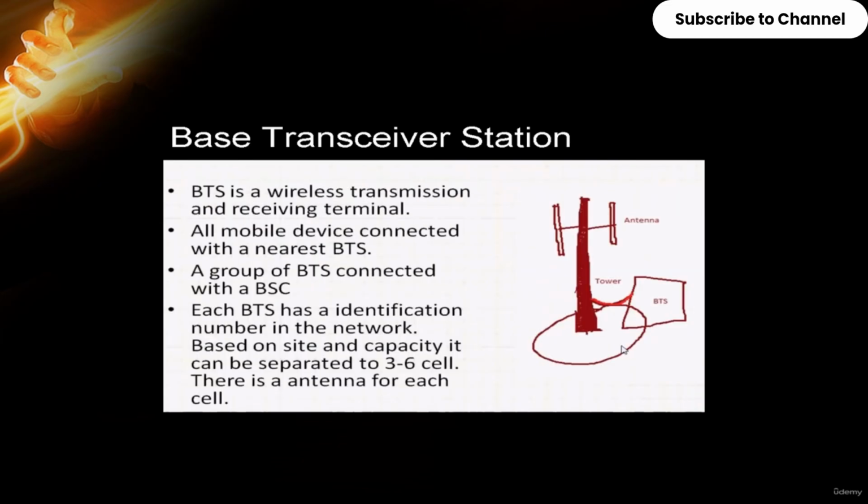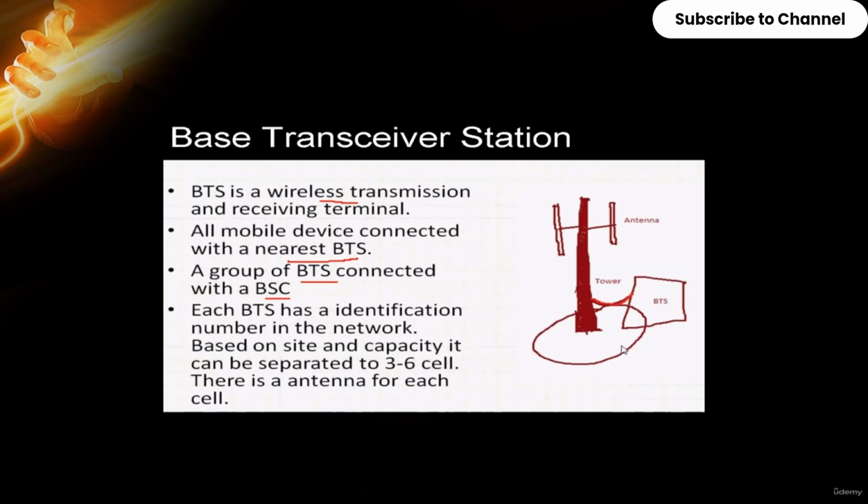Then the base transceiver station. The base transceiver station is a wireless transmission unit which is used to receive the signal from terminals. All connected mobile devices should be near the base transceiver station. A group of connected base transceiver stations forms a BSC, the base station controller, which is used to group base transceiver stations.